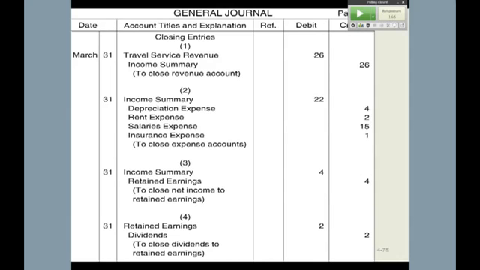The next module will tell you that if you go to the ledger after all of the temporary accounts have been closed, the only accounts that remain are balance sheet accounts, so if you're preparing a post-closing trial balance, you should only have balance sheet accounts. And the ending retained earnings should reflect the revenues and expenses and the dividends for that prior period.